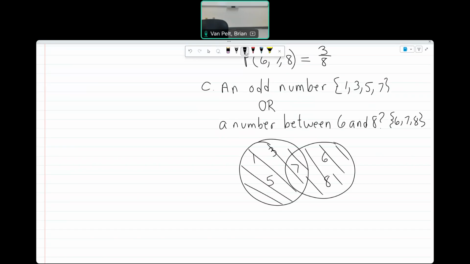It illustrates the OR of these two, or the joining of these two. So tell me, what numbers do I have in my collection? All these right here, how many is that? 6. So you've got 6 of these numbers out of a total of 8.